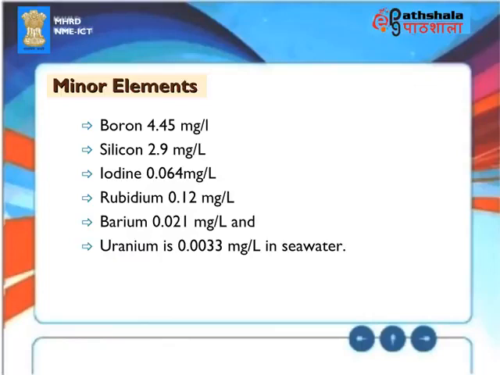Silicon 2.9 milligrams per liter. Iodine 0.064 milligrams per liter. Rubidium 0.12 milligrams per liter. Barium 0.021 milligrams per liter, and uranium is 0.0033 milligrams per liter in seawater.